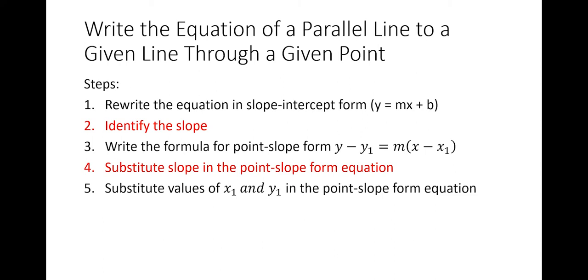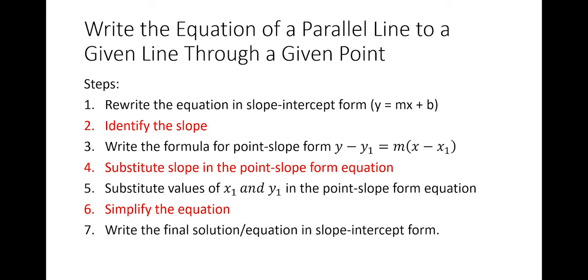Then we simplify the equation. Then we move all numbers and variables with x to one side of the equation, and we isolate y. So y equals mx plus b. Our final answer will be in slope-intercept form, y equals mx plus b.